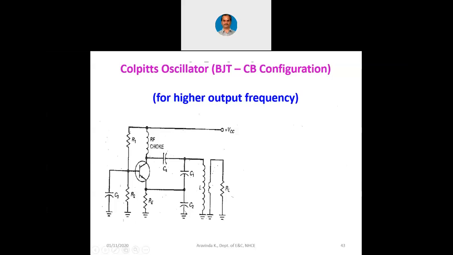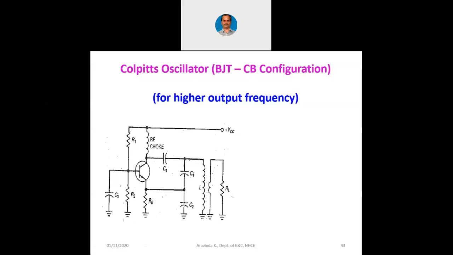Through this capacitive divider network of C1 and C2, we are feeding part of the output signal back to the emitter. And why we have C4 here? You can see this is a link coupling again, where you can see the inductance is connected to ground, which means the feedback circuit, actually this emitter is connected to ground through RE, right?